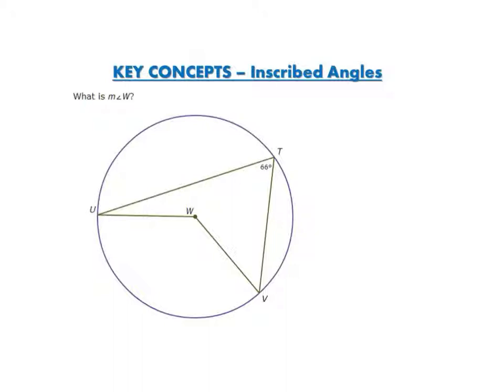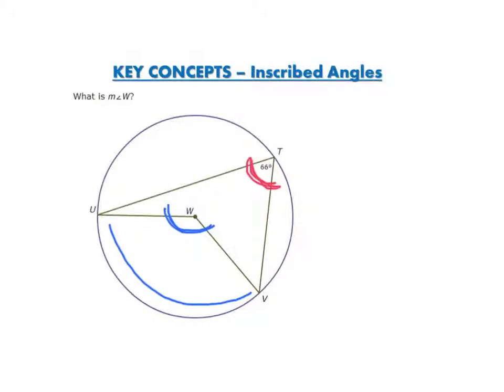Alright, the first kind of question you're going to be asked is, what is the measure of angle W? This is angle W. Well, they give us angle T, which is 66. If you remember, central angles and their intercepted arcs have the same measure. And angle T, which is this one, is 1/2 that.